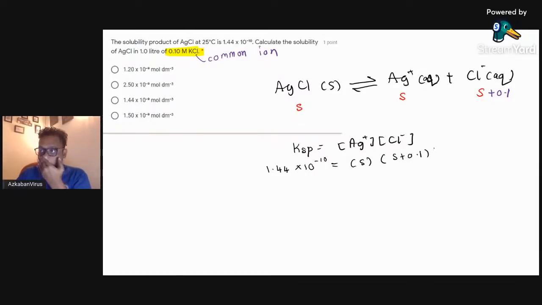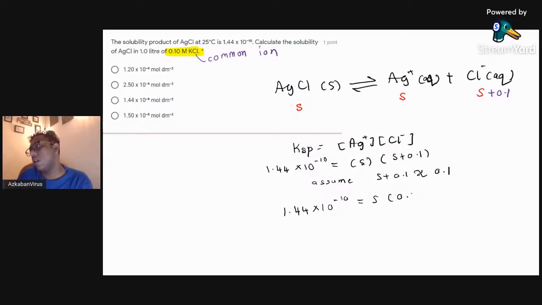Bila S tambah 0.1, automatically kita akan assume, common ion kena assume, therefore KSP dia akan jadi, so S is equal to 1.44 times 10 power of negative 9. So jawapannya adalah ini.